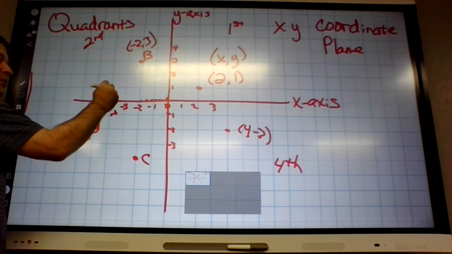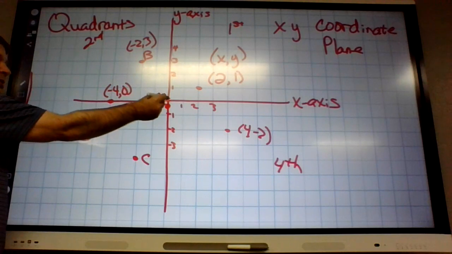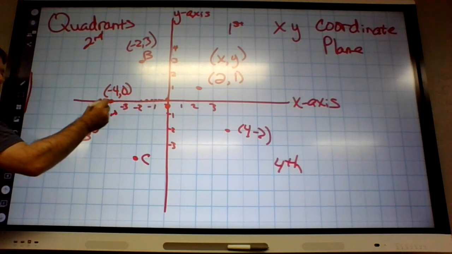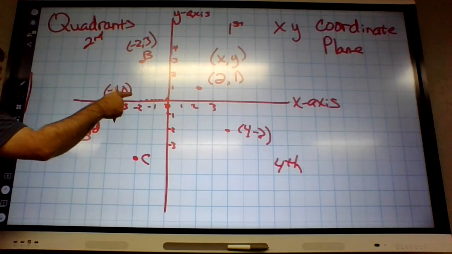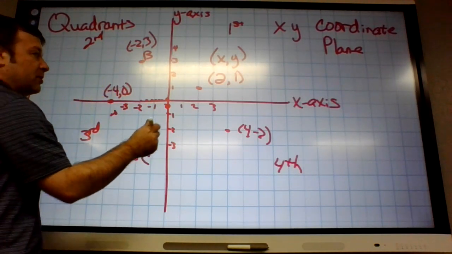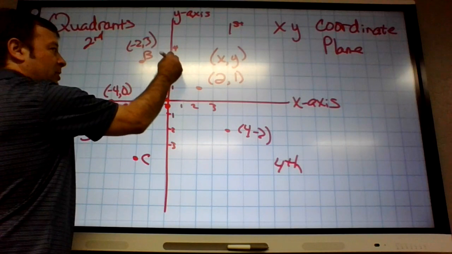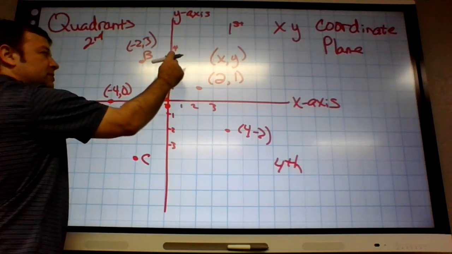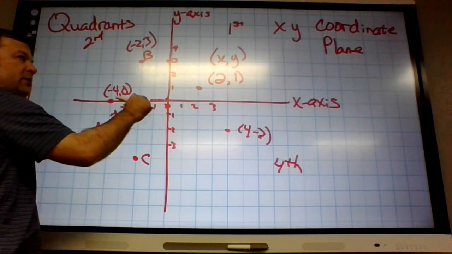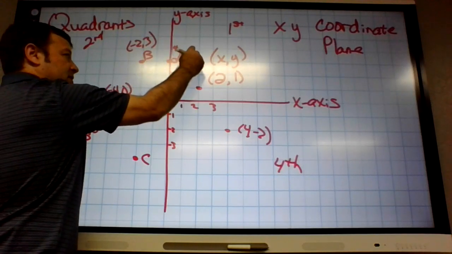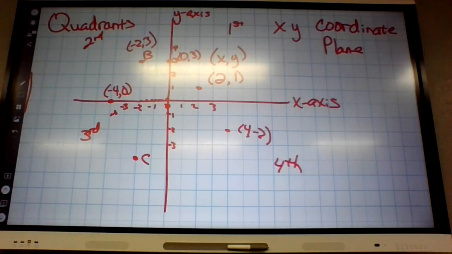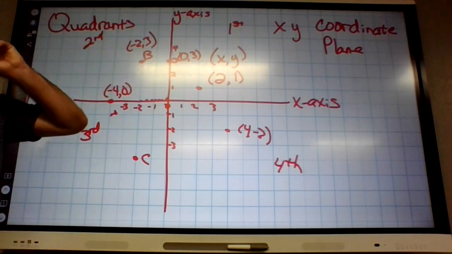It should be -4, 0, because you go left first, and then you go up 0. So you go left -4, that comes first, and then up 0. So this point on the y-axis would be what? 0, 3. Right, it's 0 right or left, but then it's up 3. So, yeah, people get these confused a little bit.